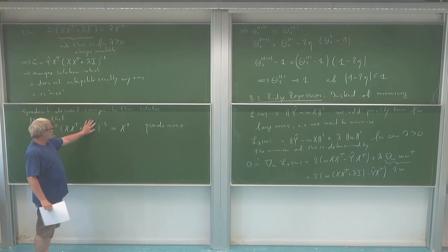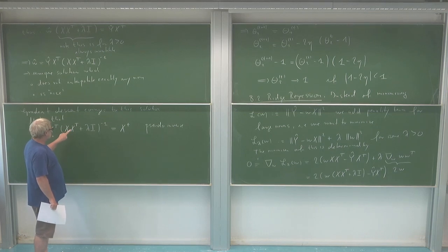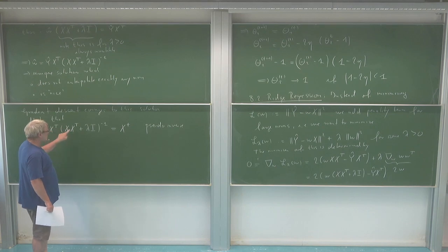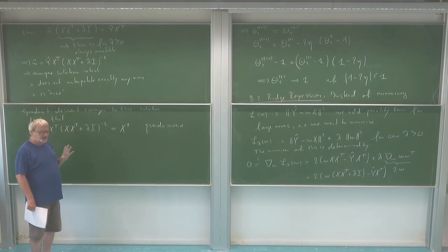If this term is not there, and if everything is invertible, then of course this is x transpose inverse times x inverse, and this would cancel this. This would be the inverse of x if x is invertible in a square matrix case.